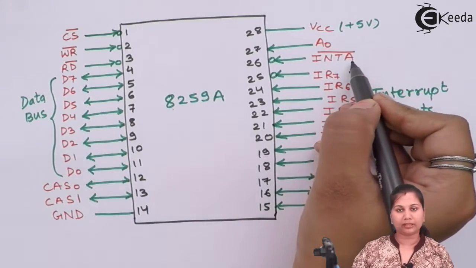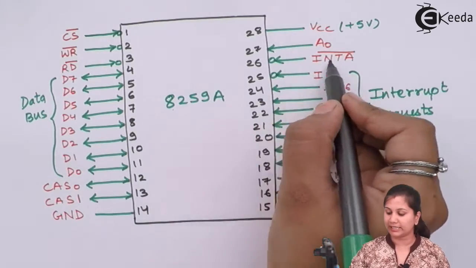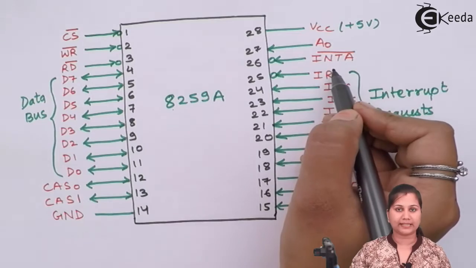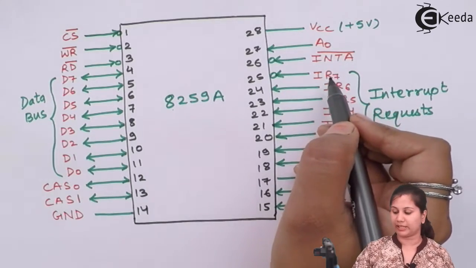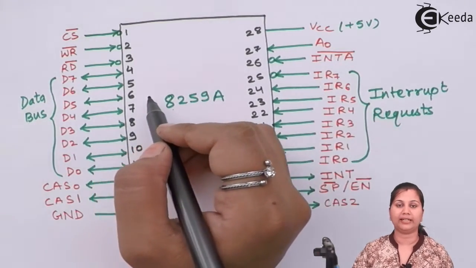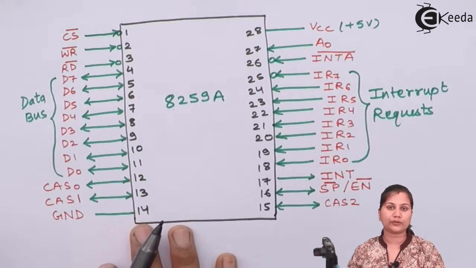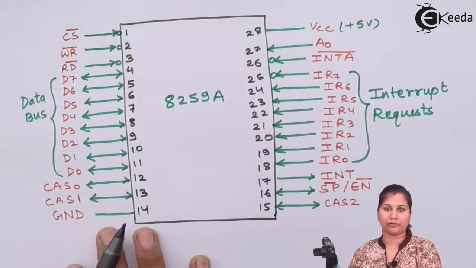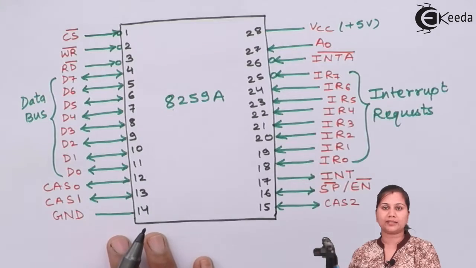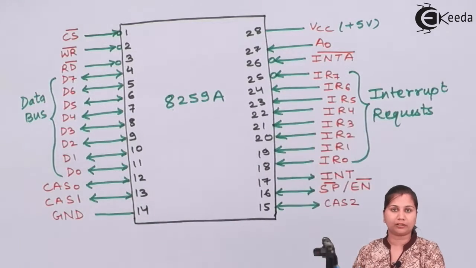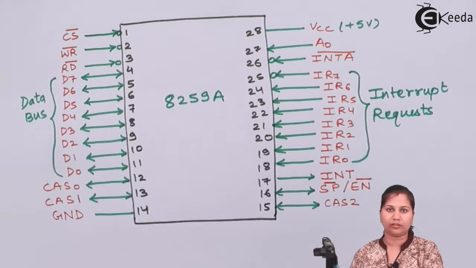Now we have interrupt acknowledge. I have already said that this is the acknowledgement signal coming from the microprocessor to the 8259. Whenever the 8259 sends a request to the microprocessor, the microprocessor will send this signal to tell that it has received the request and executed the service routine also.